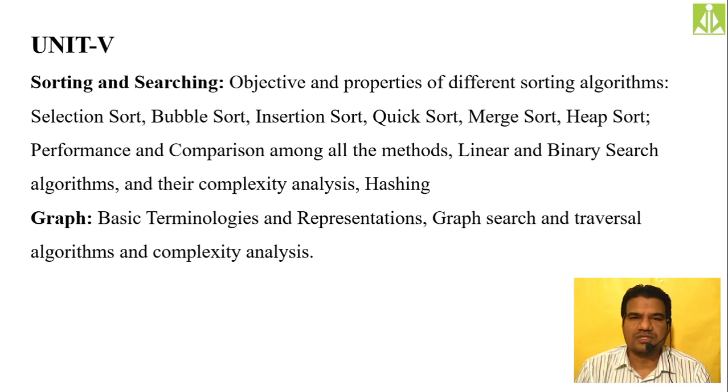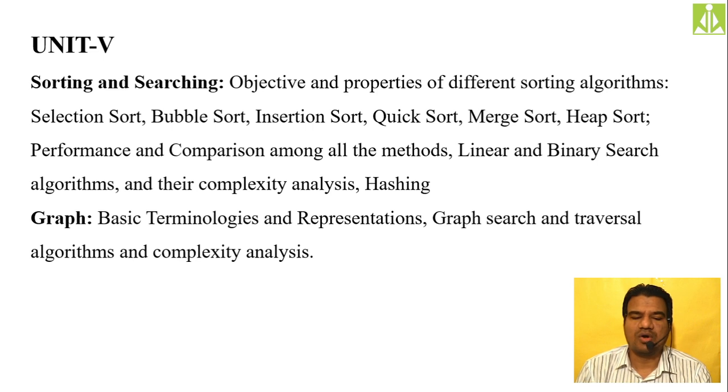In your first semester, inside your C programming, in the fifth unit, we discussed these searching techniques, linear search and binary search, and along with that we also discussed two sorting techniques, bubble sort and insertion sort. Along with that, we also discuss selection sort, quick sort, merge sort, and heap sort.